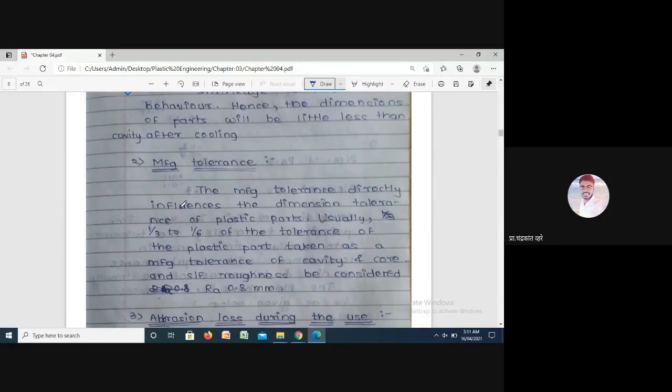Okay. Suppose I give one example that you have studied in metallurgy. Suppose you are manufacturing a shaft and you are going to mount a bearing on the shaft.